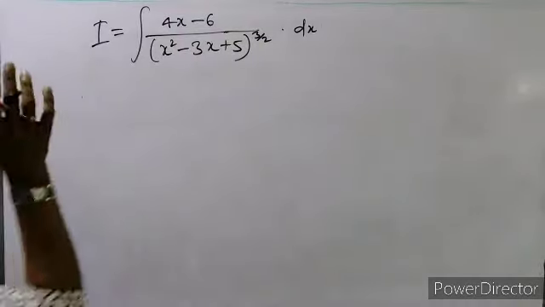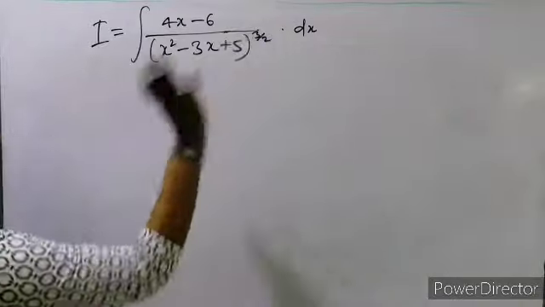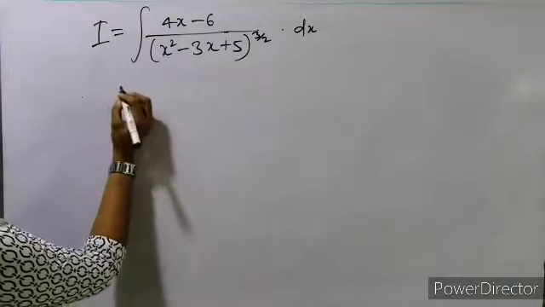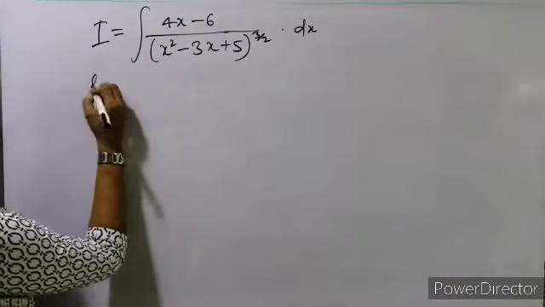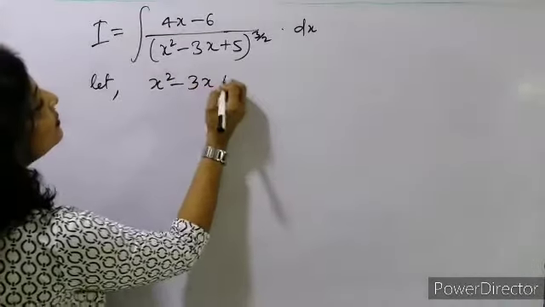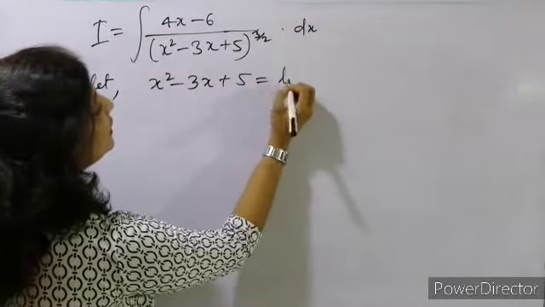We have another question. We have to find the integral of this function with respect to x. By the substitution method, let x square minus 3x plus 5 be equal to t.